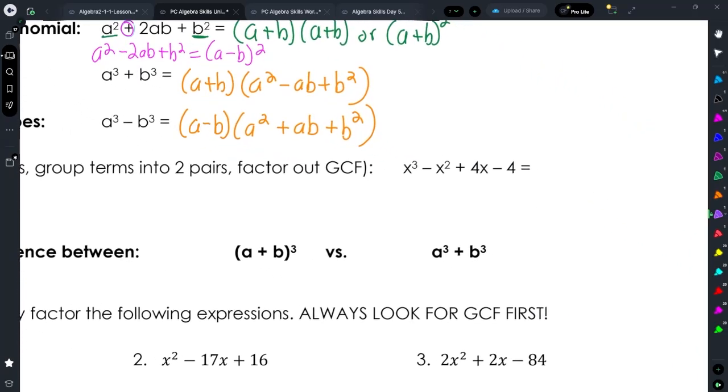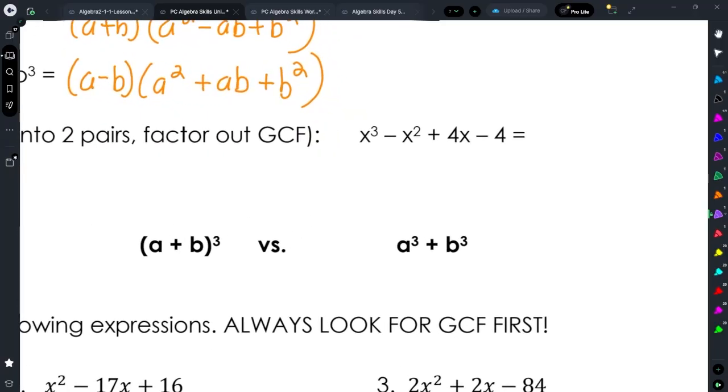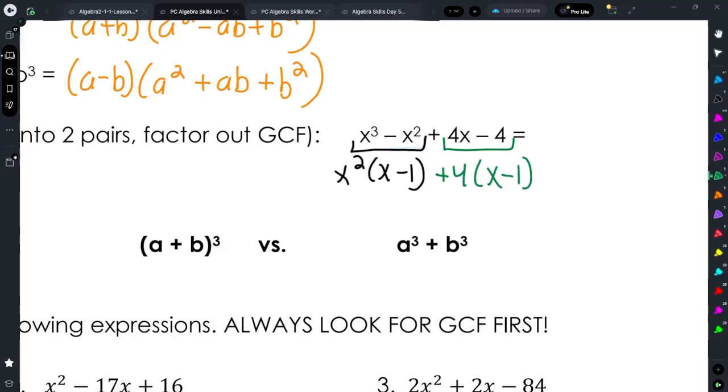And then if we have 4 terms, we want to look into factor by grouping. And that's where you look at the first 2 terms. Say, what is the GCF of the first 2? We say, okay, this is x squared, and then we're left with x minus 1. And then the GCF of the second 2 terms, that's a positive 4, and we're left with x minus 1.